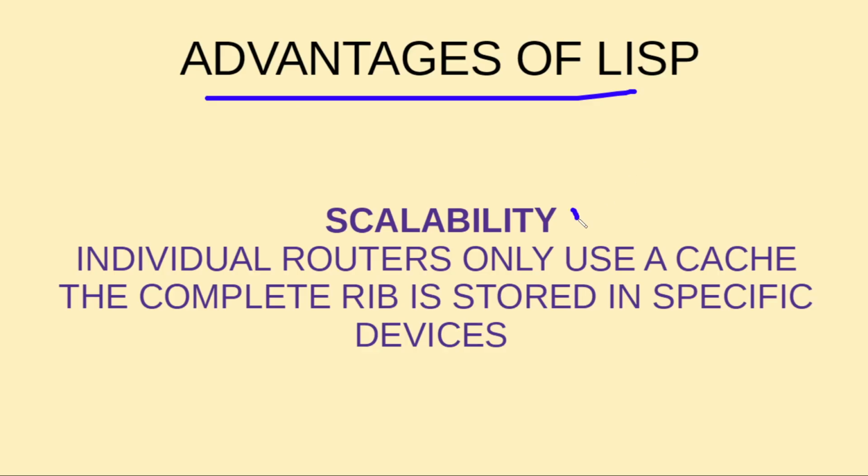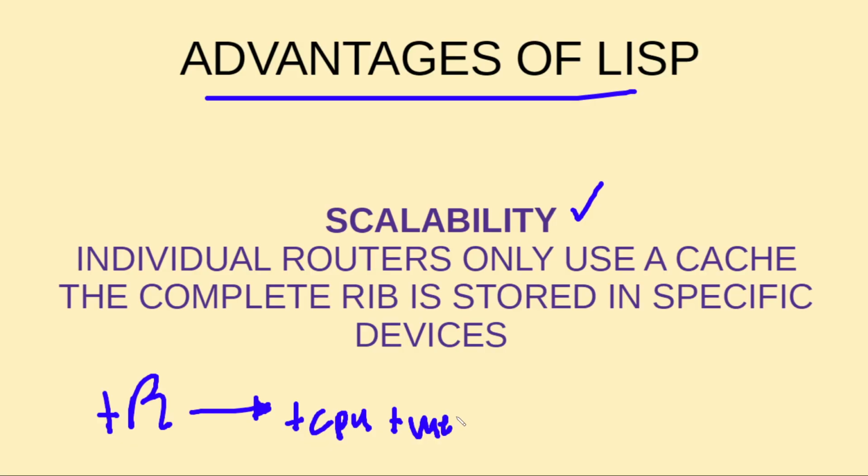First of all, scalability. With traditional routing IP protocols, when you add more routers to your topology, that implies that individual routers will have to use more CPU resources and more memory resources in order to calculate the increasingly growing routing tables.